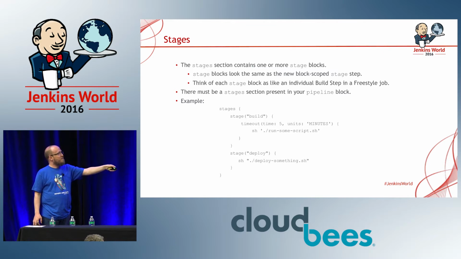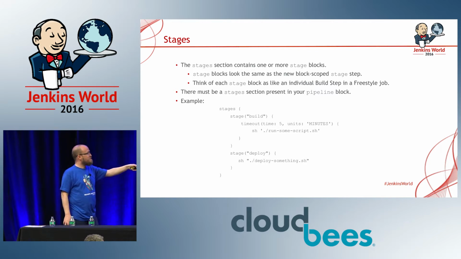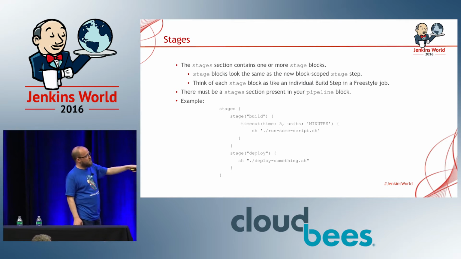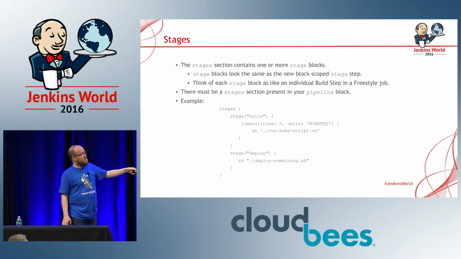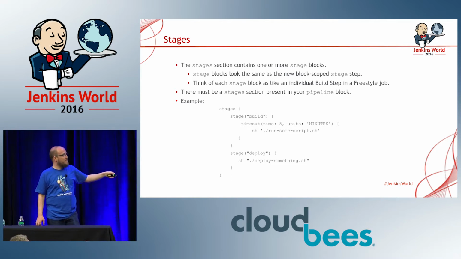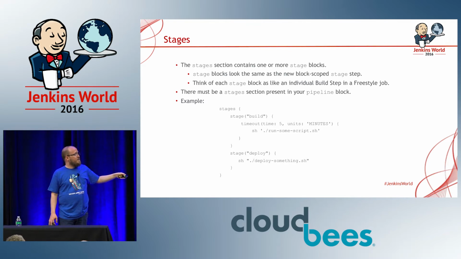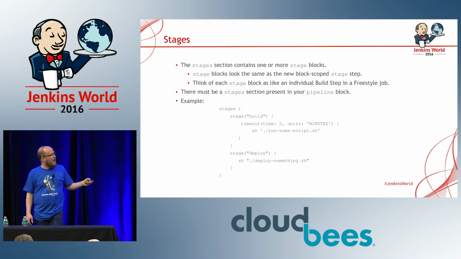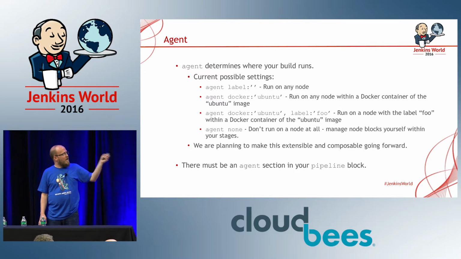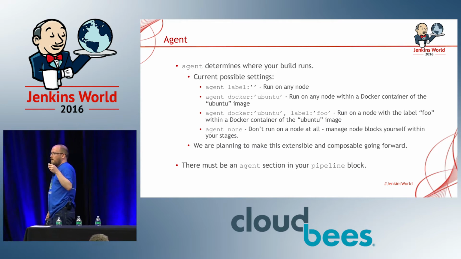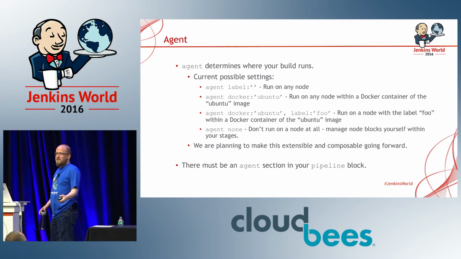And then within it we have two specific stage sections specified. One named build that runs a shell script within a timeout, just as we can do in traditional pipeline script. Then when that completes, another stage will take off that runs a shell script that deploys something, which is nice of it, I think.